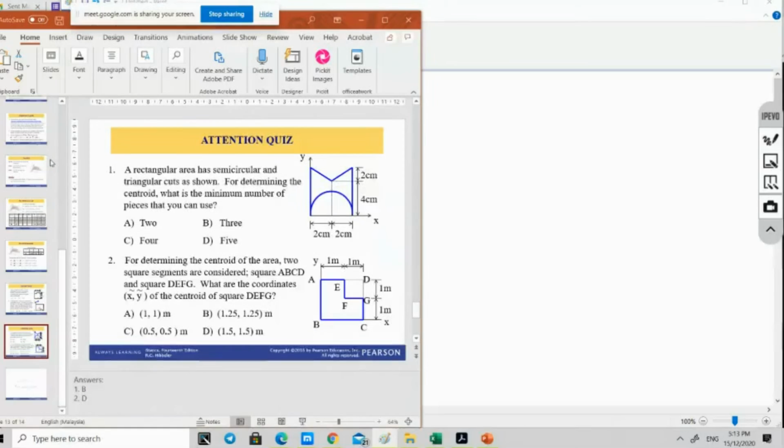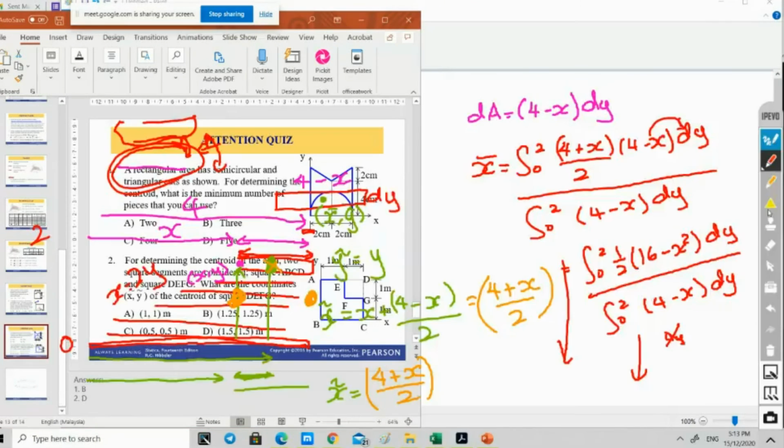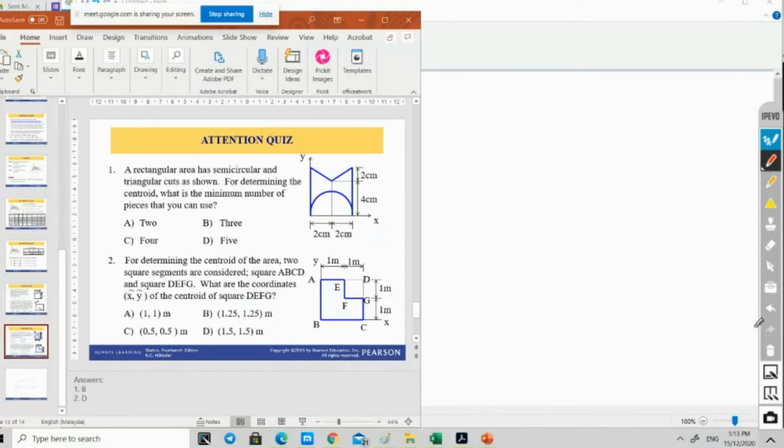Now, one way to divide the area is by subtracting. Meaning that the whole thing is just this big rectangle minus this triangle up here minus this, is it a semicircle here? Yeah, this shape here.